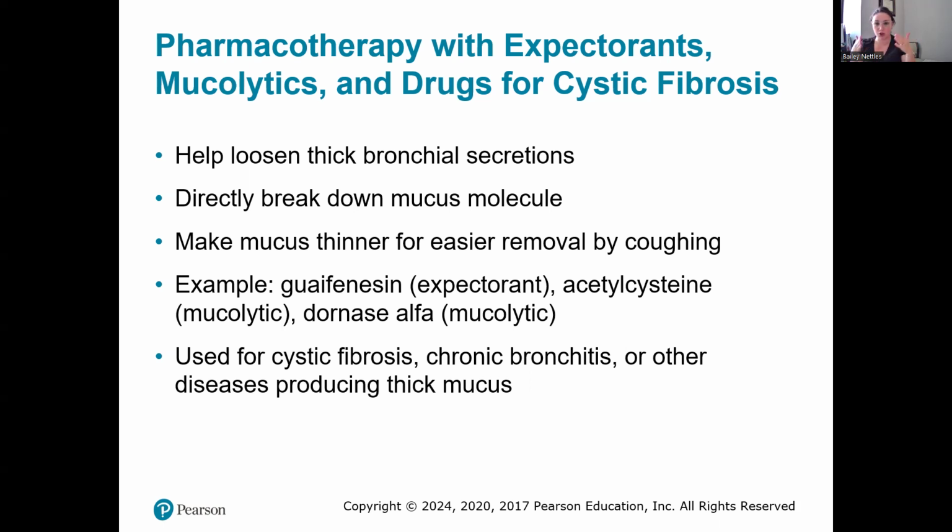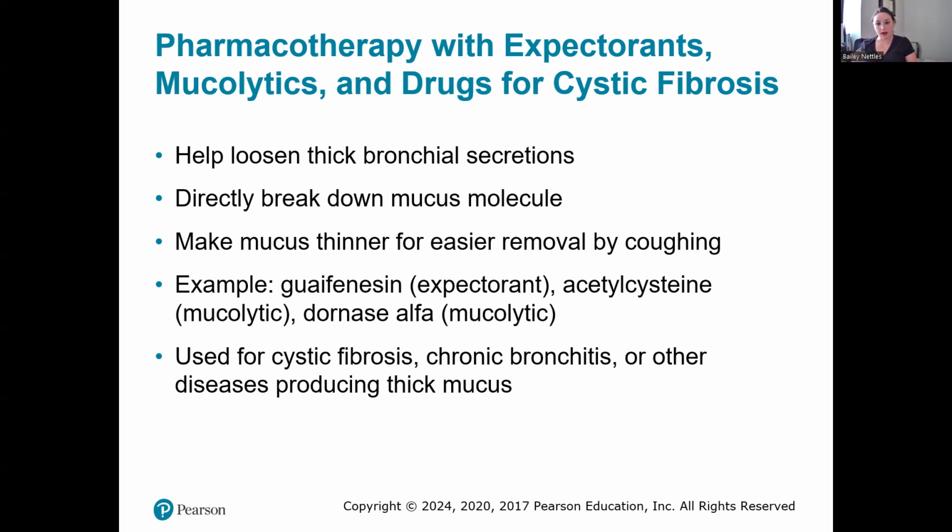Other labs that you want to monitor with any of these are especially ABGs and your pulse ox, right? Because we want to be sure that we're not making it worse, that we're making it better. We want to see an improvement, okay? Or if we're making it worse, we want to notice it so that we can fix it.